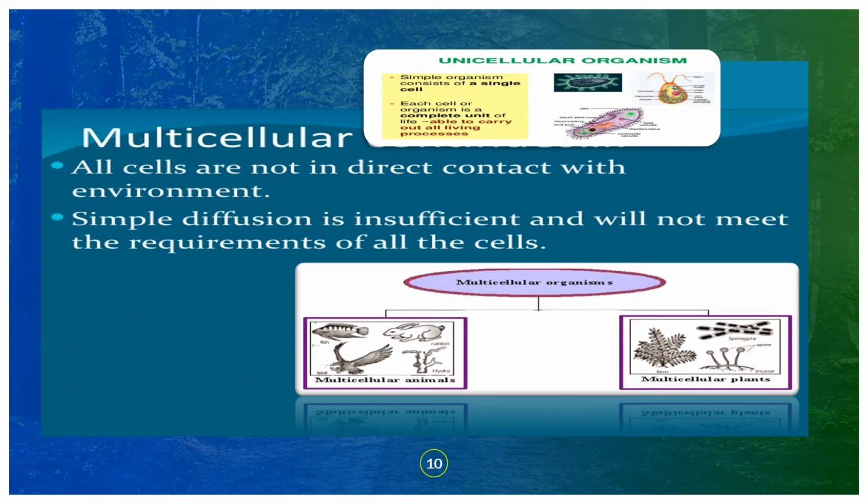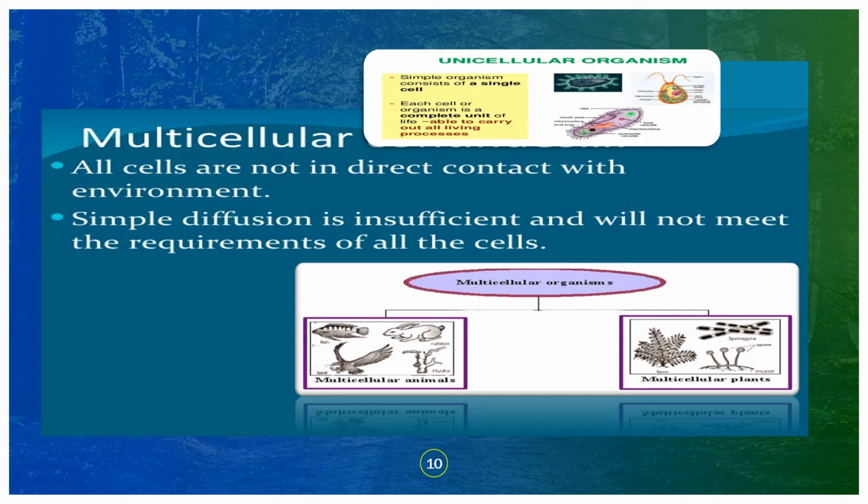After this, you all are well aware from your previous class that there are unicellular organisms and multicellular organisms in living beings. So first, if I talk about unicellular organisms, they are simple organisms. Means they consist of a single cell. And each cell or organism is a complete unit of life. They are able to carry out all living processes.